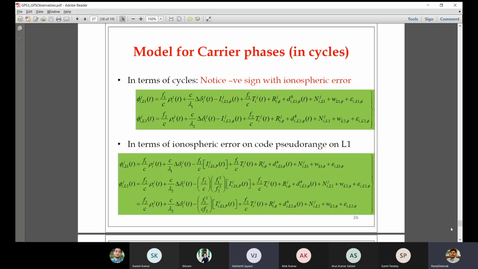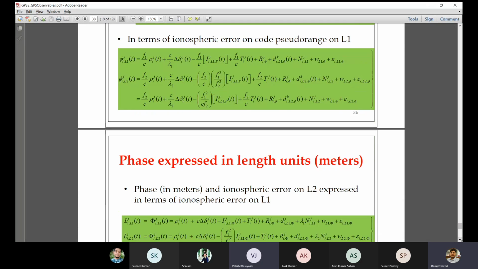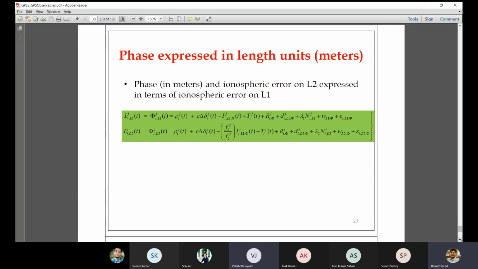Okay, so if you have written it, now let us see the individual terms. Another way of writing the phase is in length unit of meters. If you simply multiply the previous equation by lambda, you will get the capital phi ij L1. The previous term was written as f1 by c.